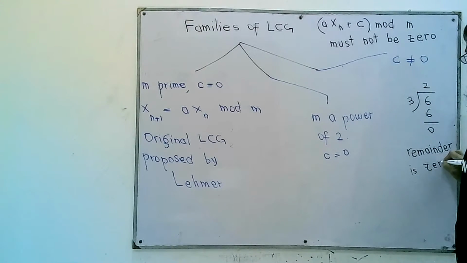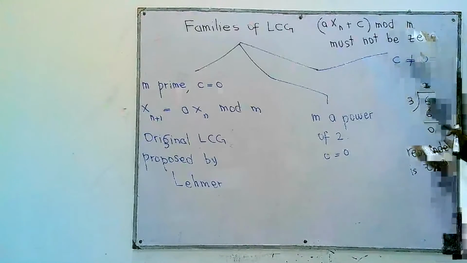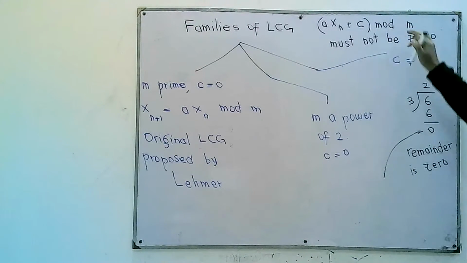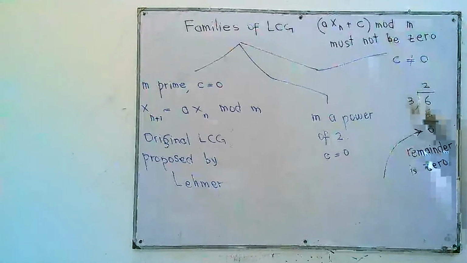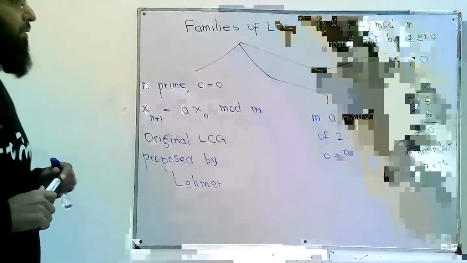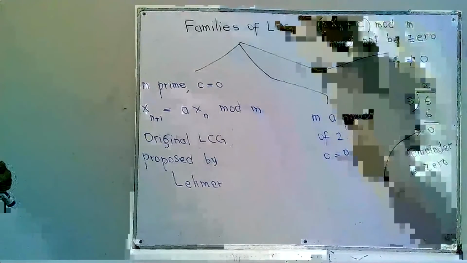Remainder shouldn't be 0 because mod m gives you the remainder. You divide this by m and you check your remainder. So if remainder is 0, you cannot go any further.